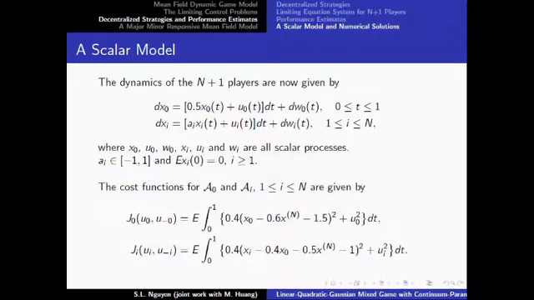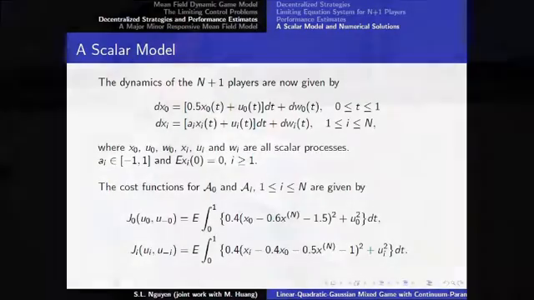So let's consider a scalar model. We consider a scalar model for any player with certain coefficients here. Here we consider the dynamics for the major player by this equation and the equation for the minor players by this equation.